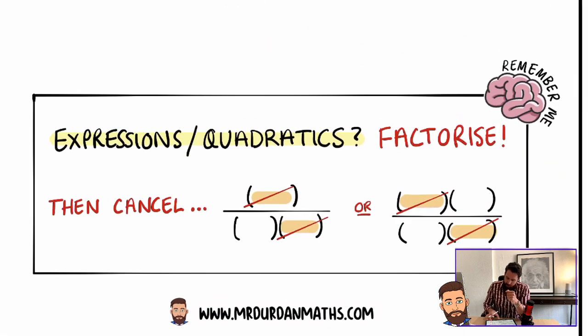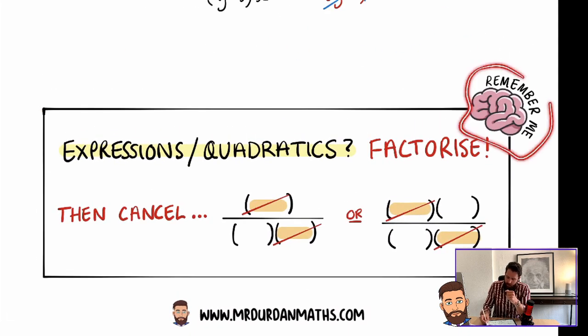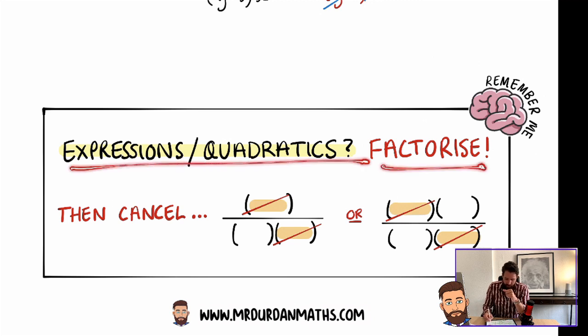So what have I written down here? Remember, I said these remember-me boxes are really useful to put on a revision card. So a revision card for algebraic fractions and simplifying with quadratics would be this: if you see an expression or a quadratic, factorize it, then cancel. So we've just seen that we can cancel, we can have things in brackets, and as long as it's all been multiplied, we can cancel.